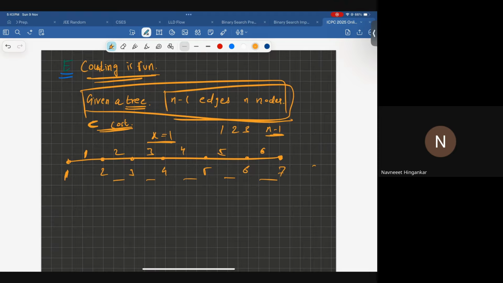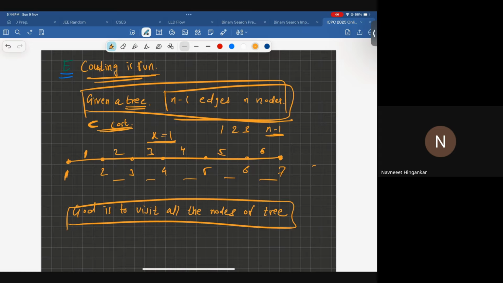The goal is to visit all the nodes of the tree. If I start from 1, I could stay at 1, or I could move towards 2. But to move towards 2, I need to make sure that the edge value doesn't match whatever the value of x is.